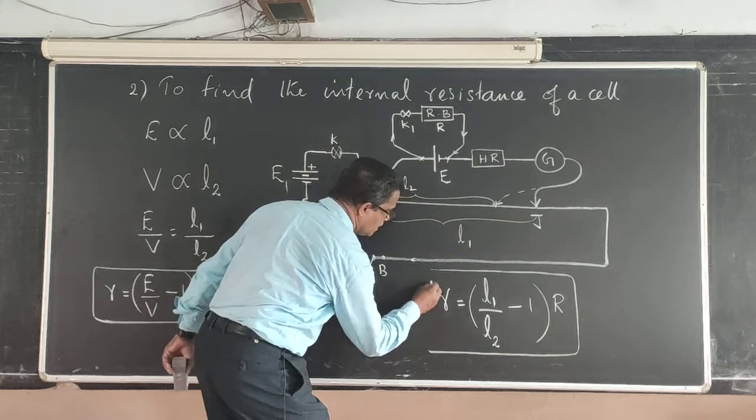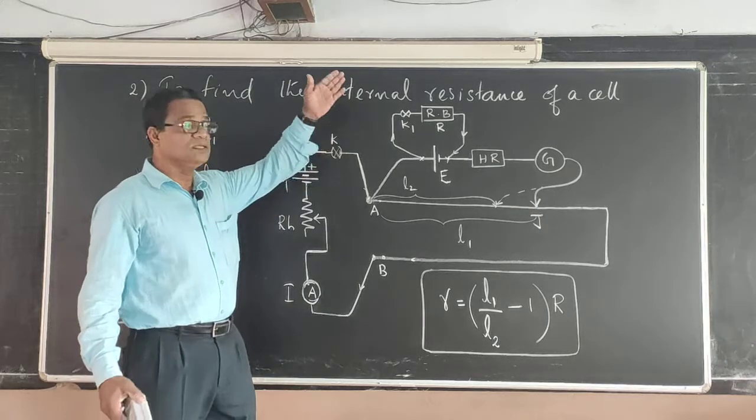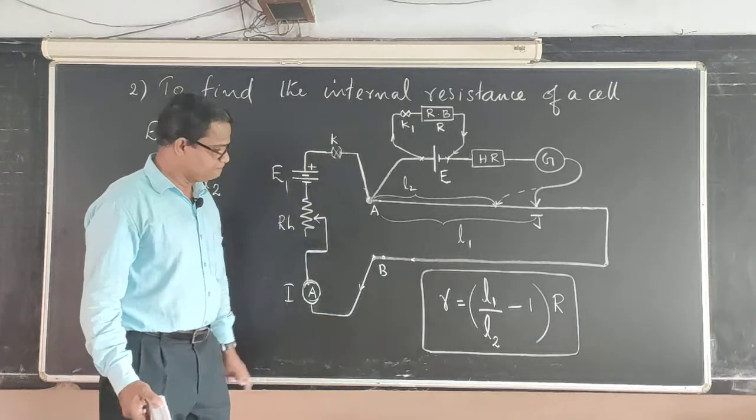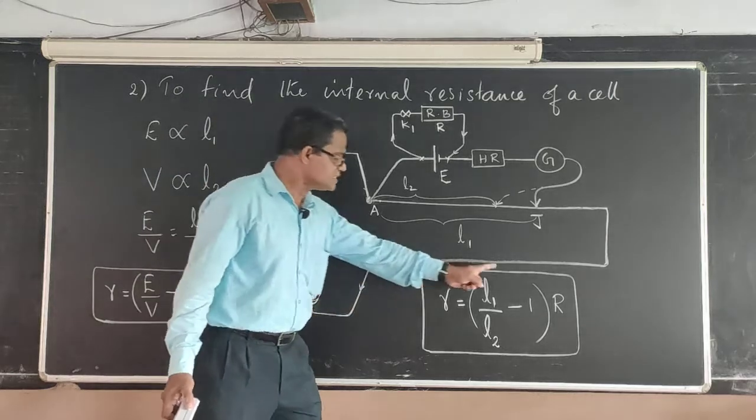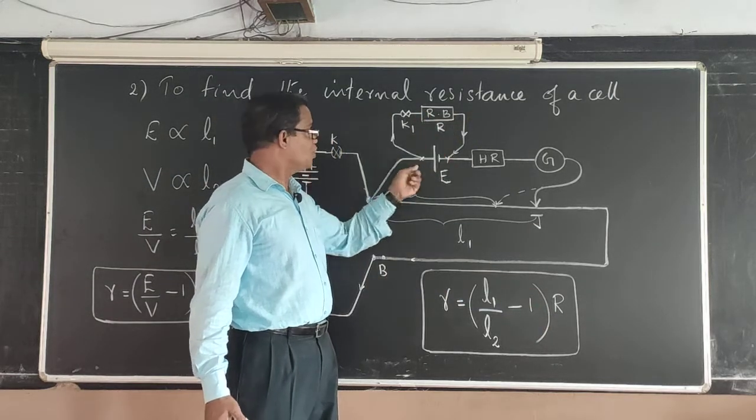This is the formula for finding the internal resistance using a potentiometer, where this capital R is the resistance in this resistance box.